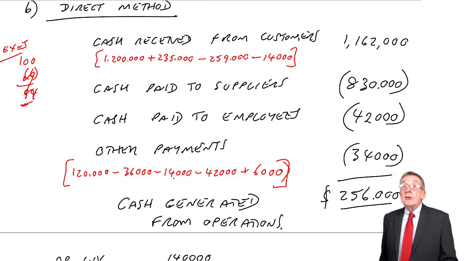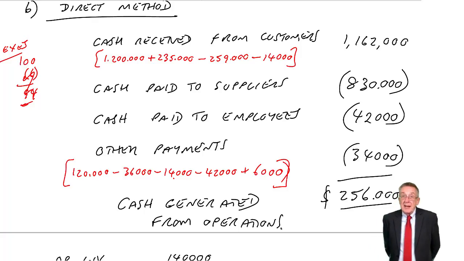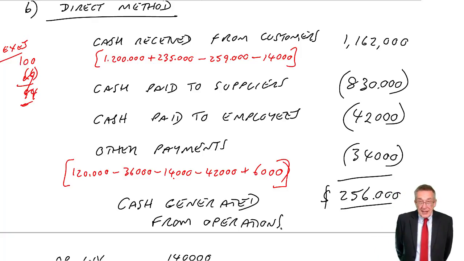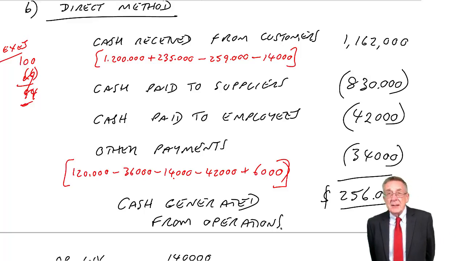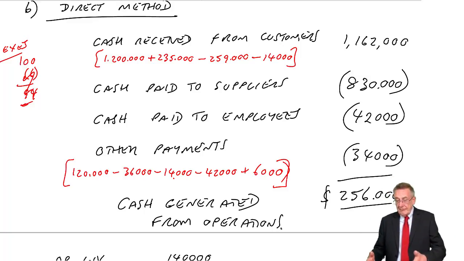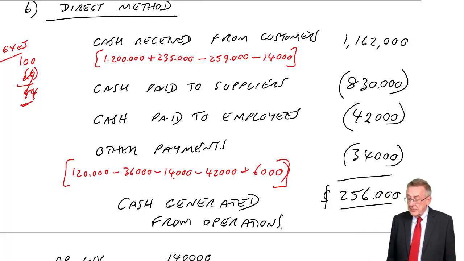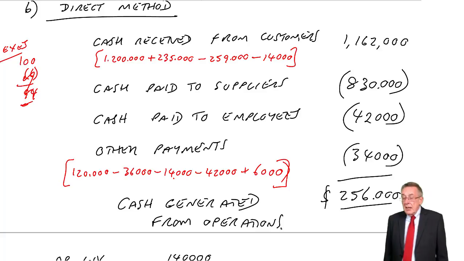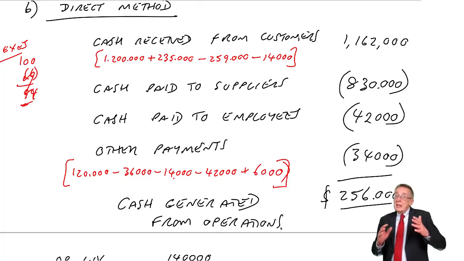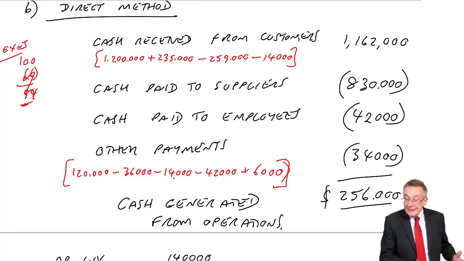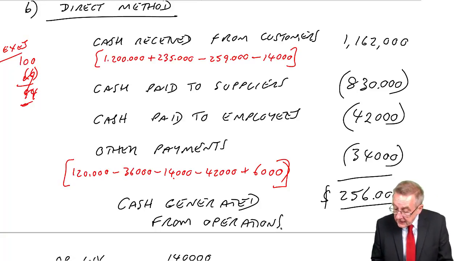Secondly, and the reason I'm much less worried about this method, and so should you be, is the accounting standard. This is accounting standard number 7, which gives the layout for the statement of cash flows. It says that if you do choose to use the direct method, in practice, you must also have a note showing the indirect method.